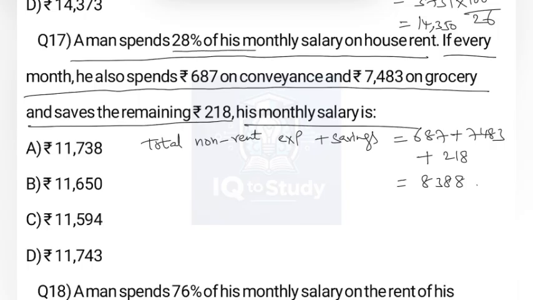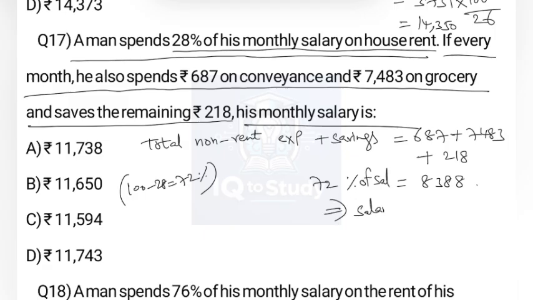He spends 28% on house rent. So 100 minus 28, which is equal to 72%. So this is equal to 72% of salary, which implies salary is equal to 8388 divided by 72 by 100.